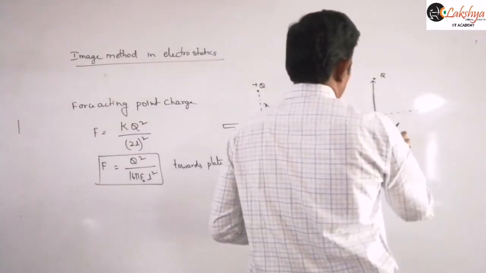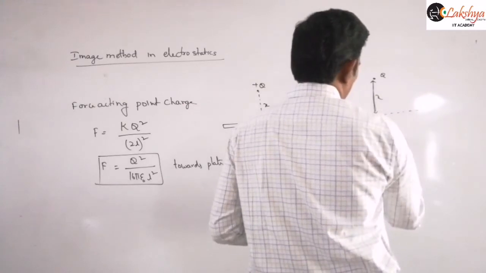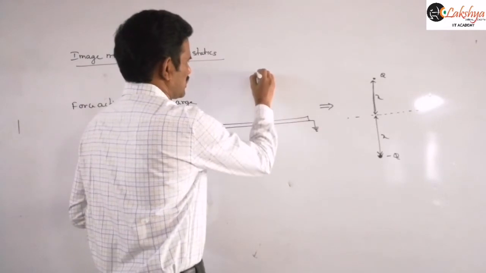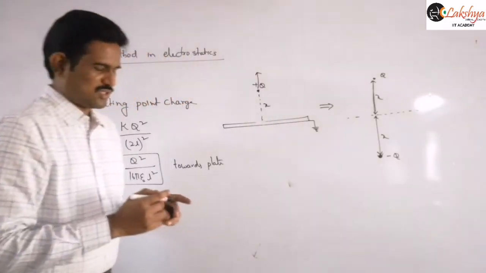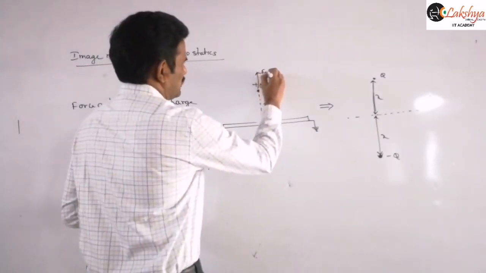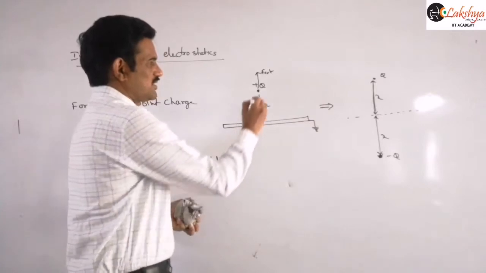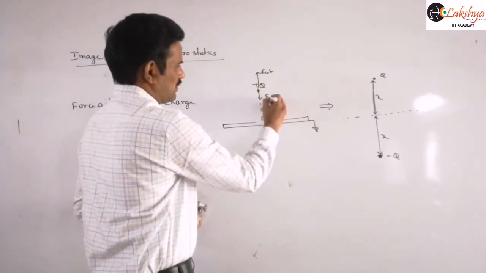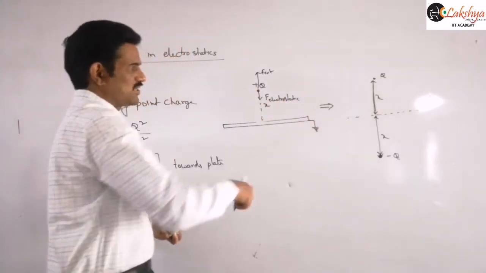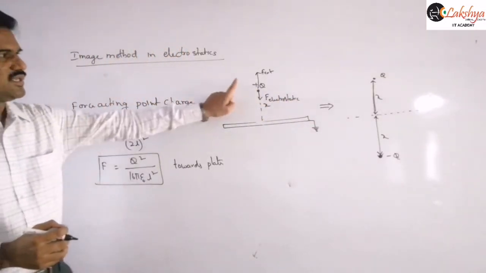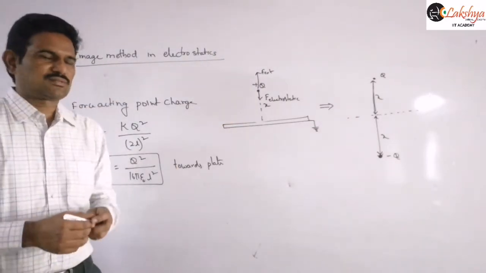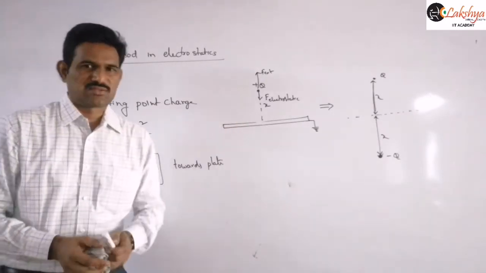That means at that instant, we are displacing this charge like this by applying some external force. So this external force will be like this, and this attractive force will be like this. That means this is the electrostatic force. The electrostatic force will be in the downward direction, attractive, and the external force will be in the upward direction. We are displacing it slowly. At some instant, it is at a distance of x, right?